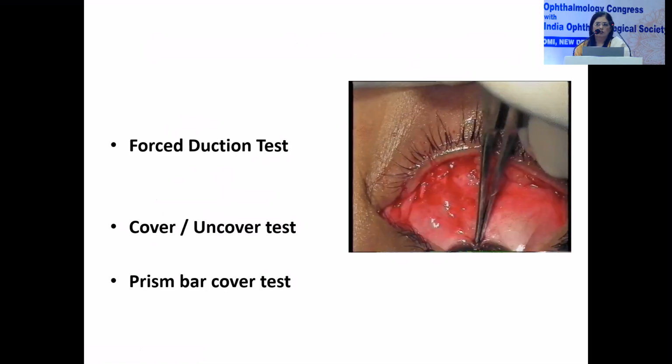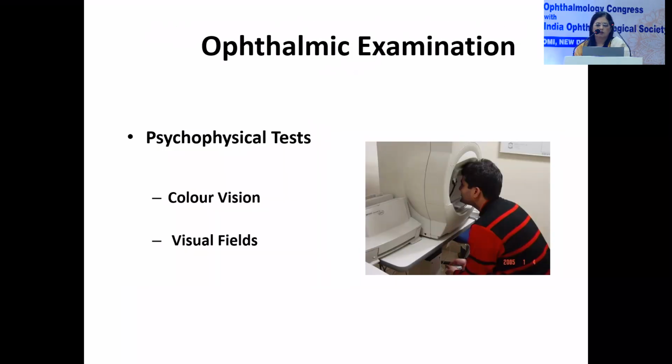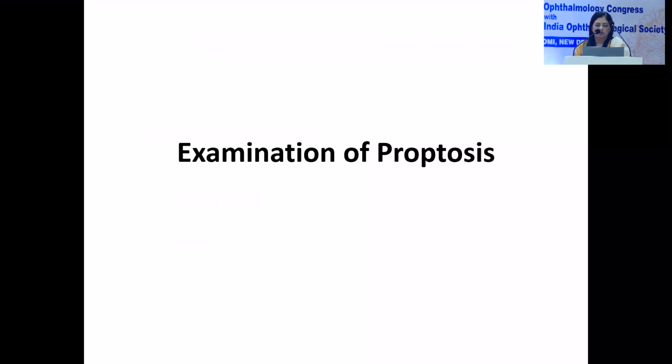One can do the forced duction test to differentiate between restrictive and paralytic pathology, and cover-uncover and PBCT can be done for documentation of the eye alignment, and for diplopia charting and binocular vision. Color vision, if abnormal, indicates optic nerve compression, and also visual fields. So depending upon what you are dealing with, these are the things you should keep in mind and do in your documentation.